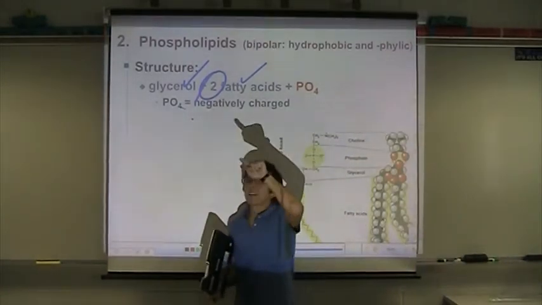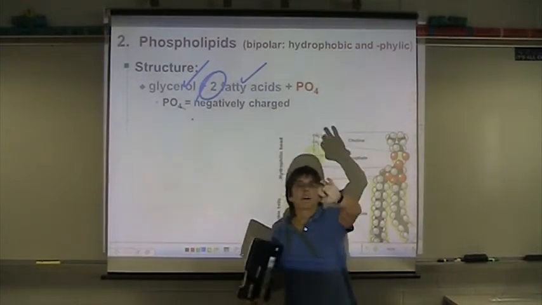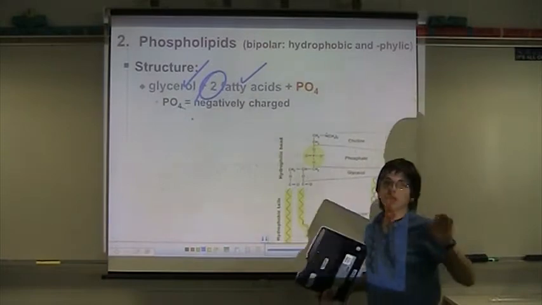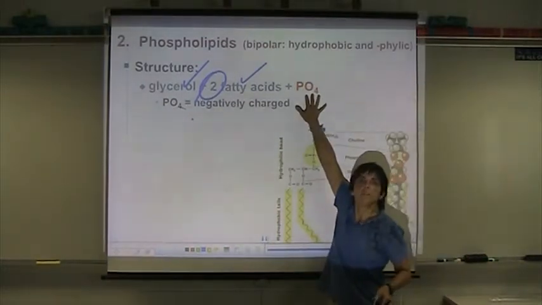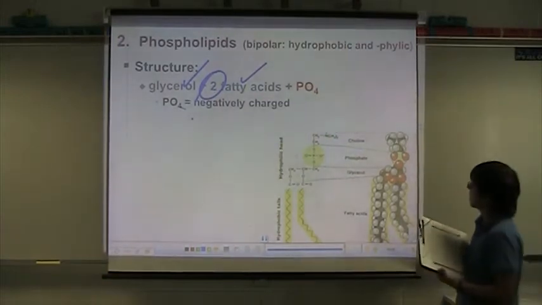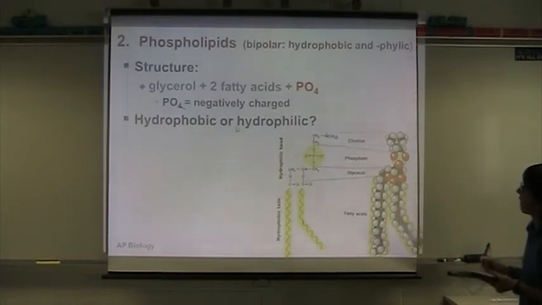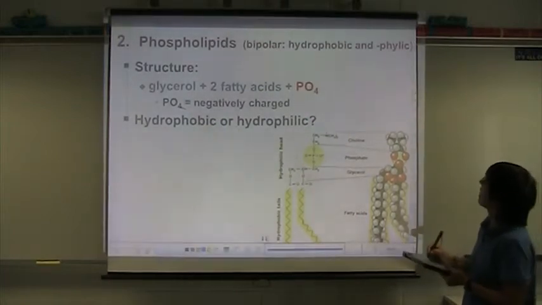Ooh, but remember the glycerol had 1, 2, 3 places to attach things? Guess what is going to attach on the 3rd place? A molecule of phosphate, phosphorus. And that is going to give you what we call a phospholipid. So what is it going to look like? Little diagram.